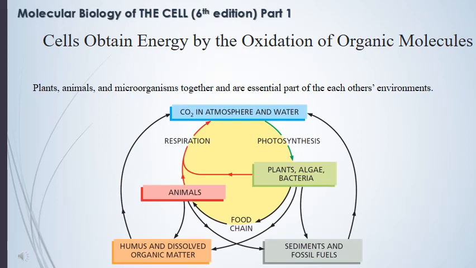Animals also, when they go through what we've discussed in a previous slide, the aerobic respiration, generate carbon dioxide, which refuels the environment for the plants again. And that chain of reactions basically continues over and over.